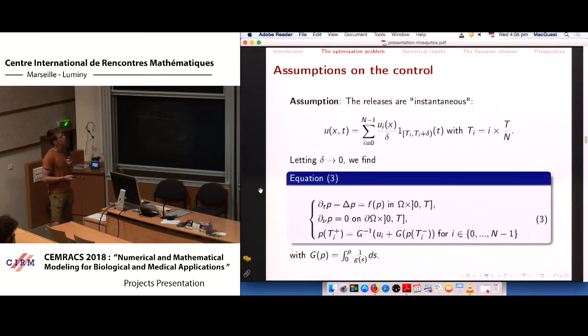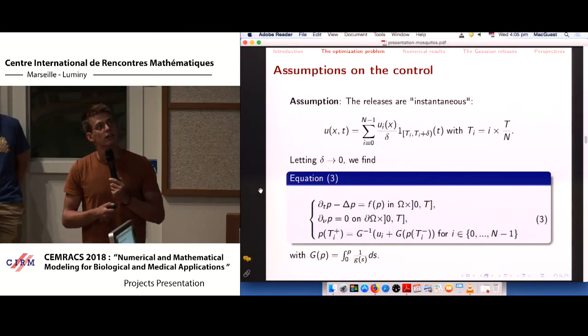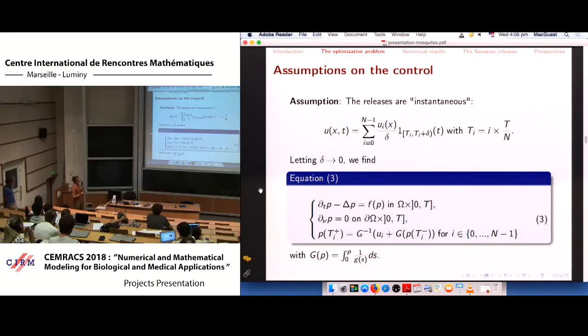Okay. We also made a strong assumption, which is the following. The time scale is about 100 days, and so we assume that the releases are instantaneous. So we model it by this: there is 1 over delta, and the release is a function over space, and the indicator function over a small time lapse.